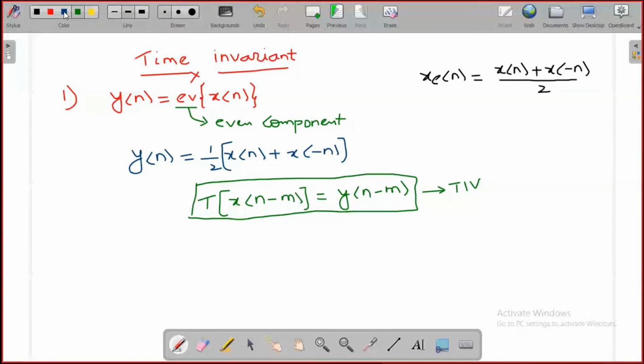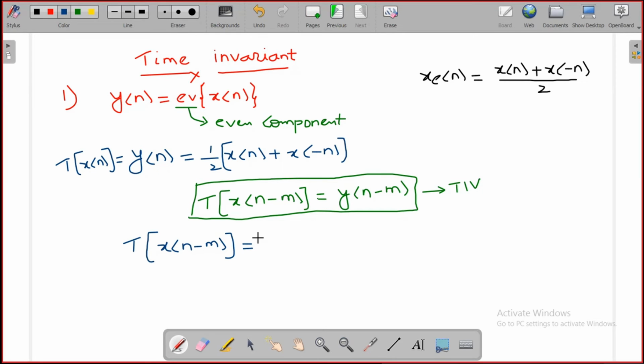Okay, see. The given system is y of n equal to 1 by 2 into x of n plus x of minus n. The response is always T of x of n. First try to find the response for delayed input, T of x of n minus m. Here your input is delayed by m samples.